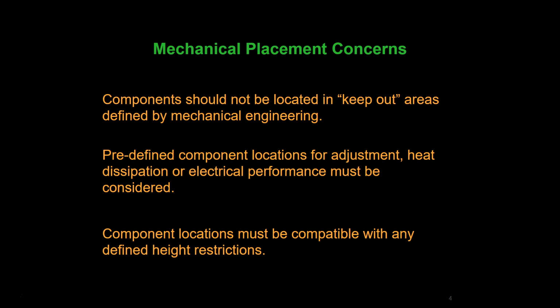The physical parameters of the PCB must be consistent with the mechanical requirements of the electronic system. Tolerance must be optimized to provide the best fit between the board size, shape, and thickness, and the mechanical hardware used to mount the board.